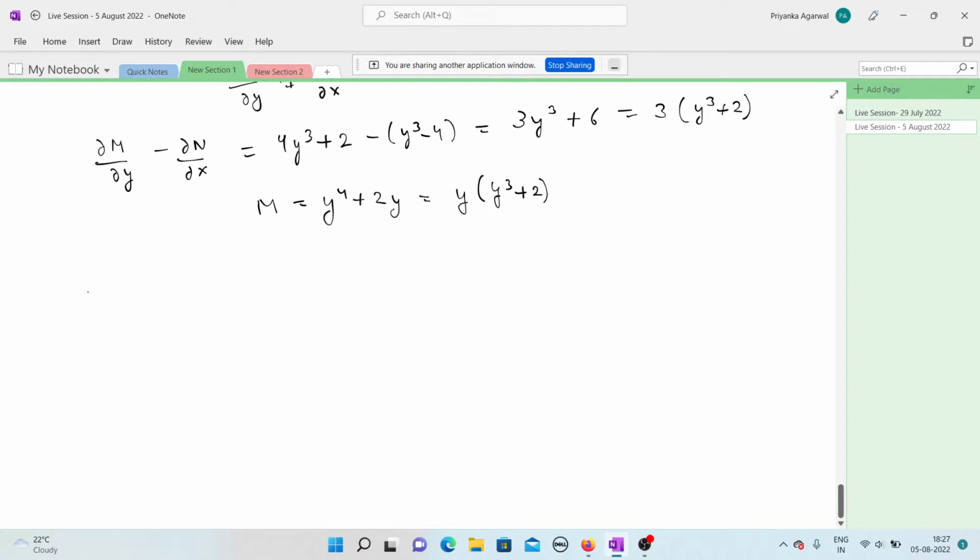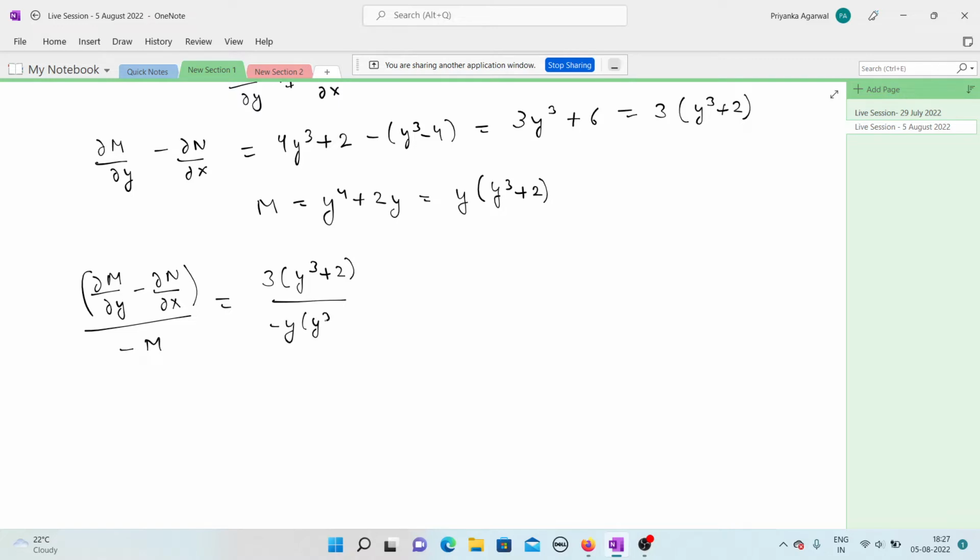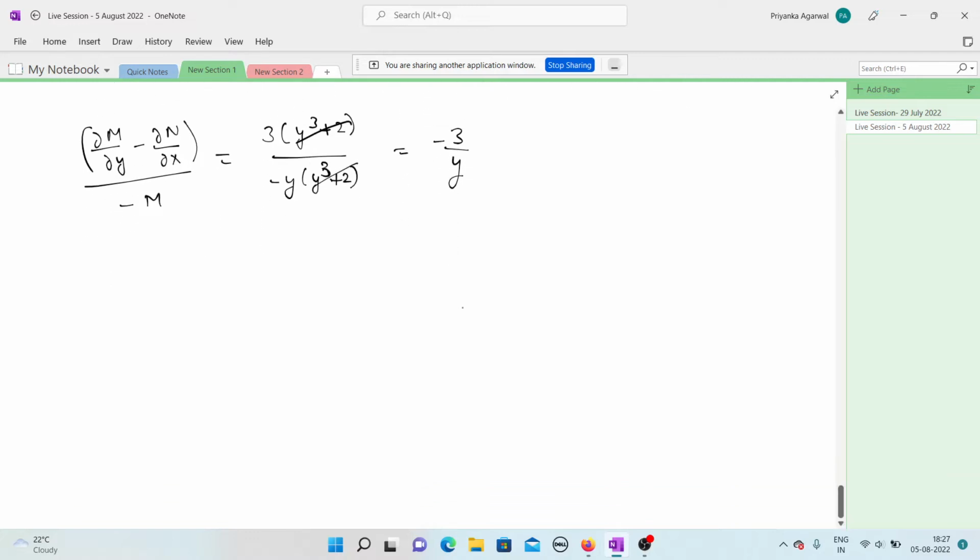So we can divide this with minus n, and what we will get is 3 y3 plus 2 over minus y3 plus 2. This gets cancelled, and this is minus 3 over y, and this is a function of y only.